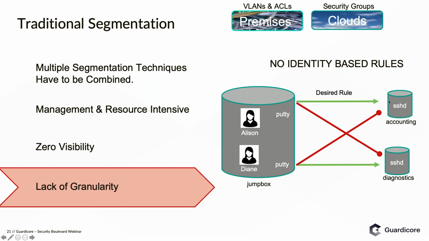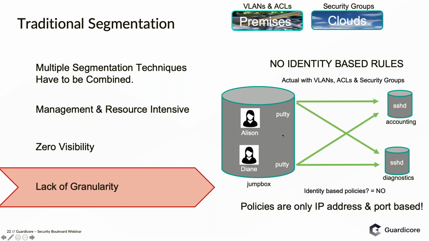They happen to be in the same data center on the same VLANs, but you have one jump box, and you want these two to only be allowed to get to their specific thing that they're supposed to be controlling. The challenge with traditional segmentation being layer 4 is that it's impossible. So there are no identity-based rules. You can't actually say Alice and Diane can only access what they need to access, because it's only IP address and port based.